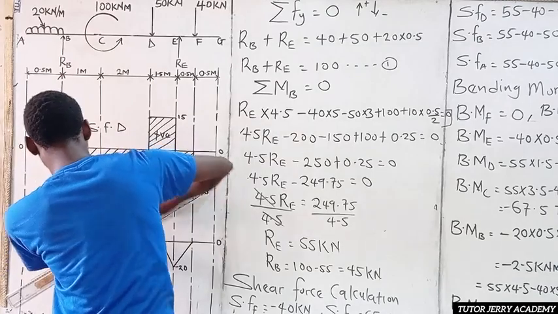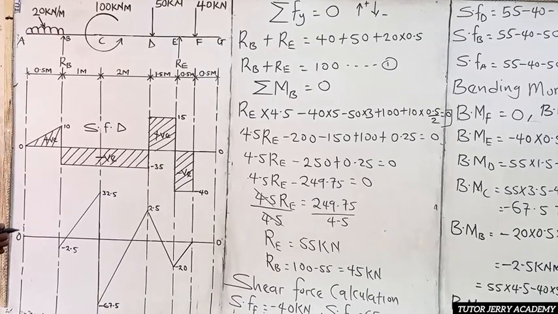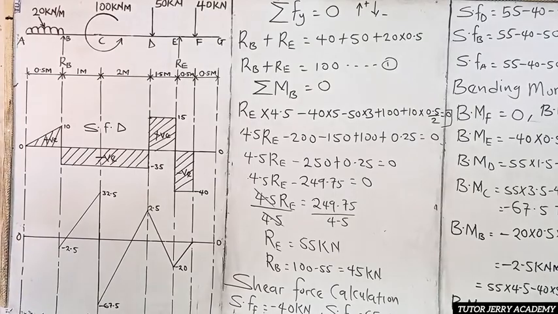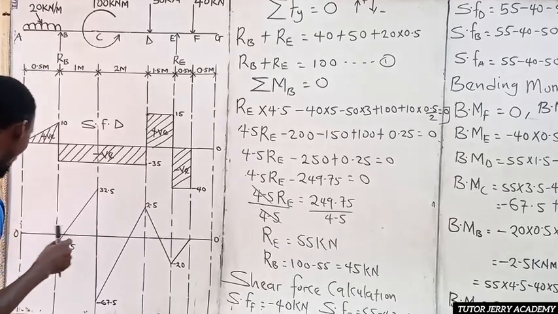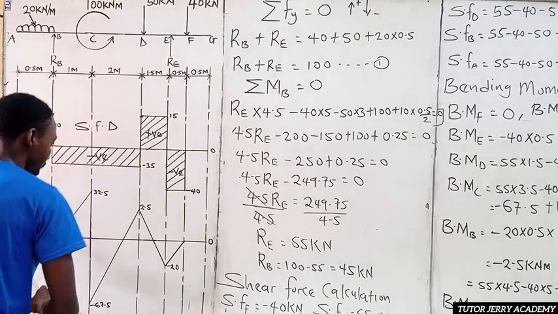So that's it. Now from this negative 2.5, we have our bending moment at A to be 0. So we are now going to connect this point here to 0.